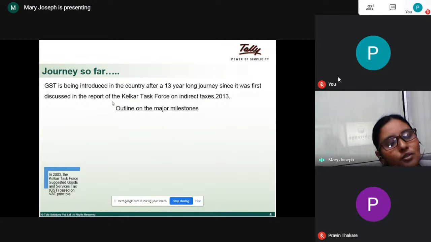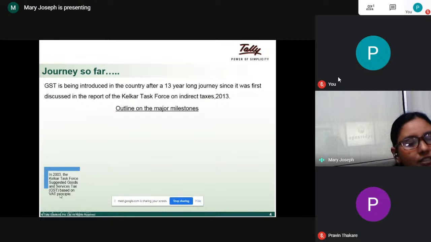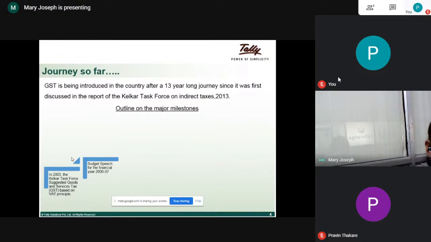First, in 2003, the Kelkar Task Force suggests the Goods and Service Tax (GST) based on VAT principle. It is completely based on the VAT principle. VAT means value added tax. It is the previous tax system. Then the budget speech for the financial year 2006-07.